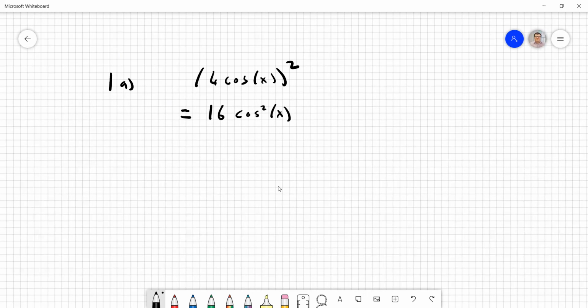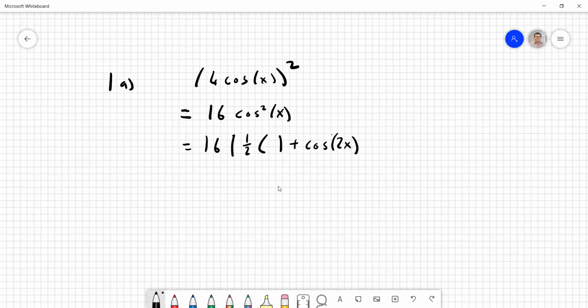But that's not where we want to leave this, because we want to present all of our answers in terms of cos or sine. We don't want to have any squared terms, so we can use our expression for cos squared x from the formula sheet, and we can write out 16, and this is replaced by a half times, open another bracket, 1 plus cos of 2x.